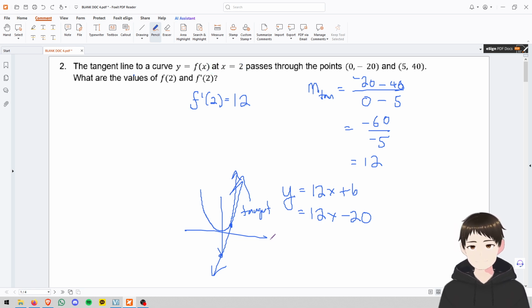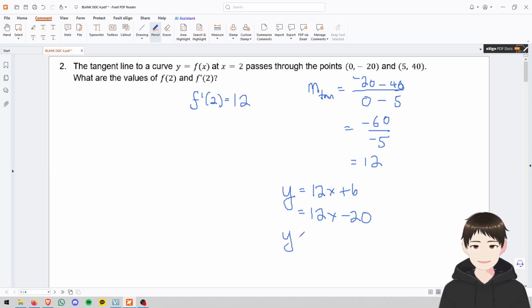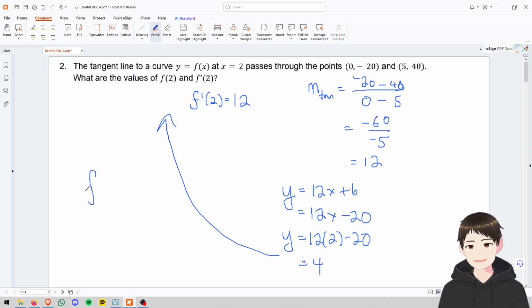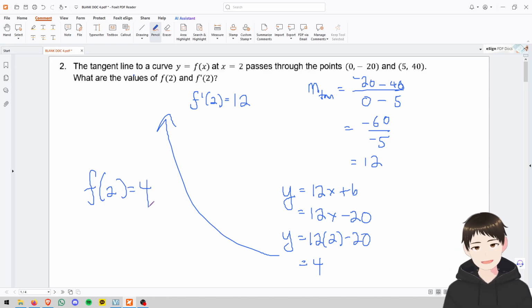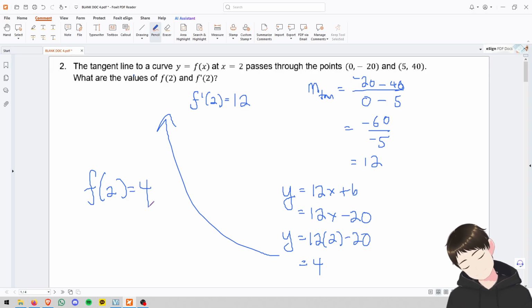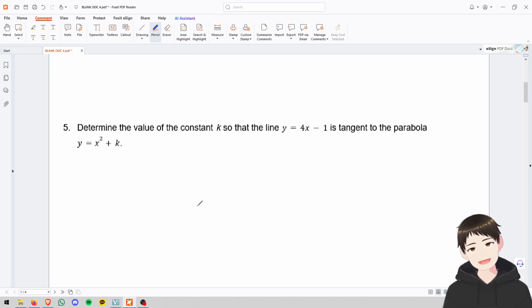You get me? So I'm going to use this. What is the point on the tangent when x equals 2? It will be 4. That also happens to be the same point on the curve. Done. Check it out. Question 5. Here's a fun one.